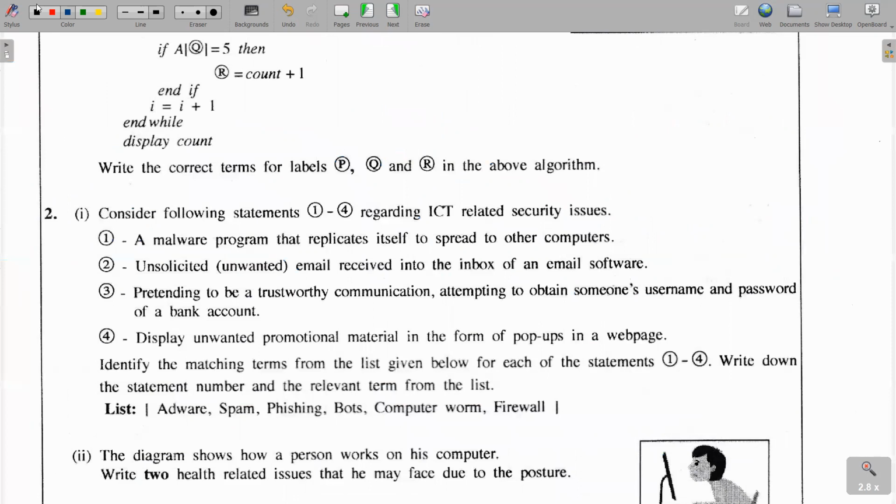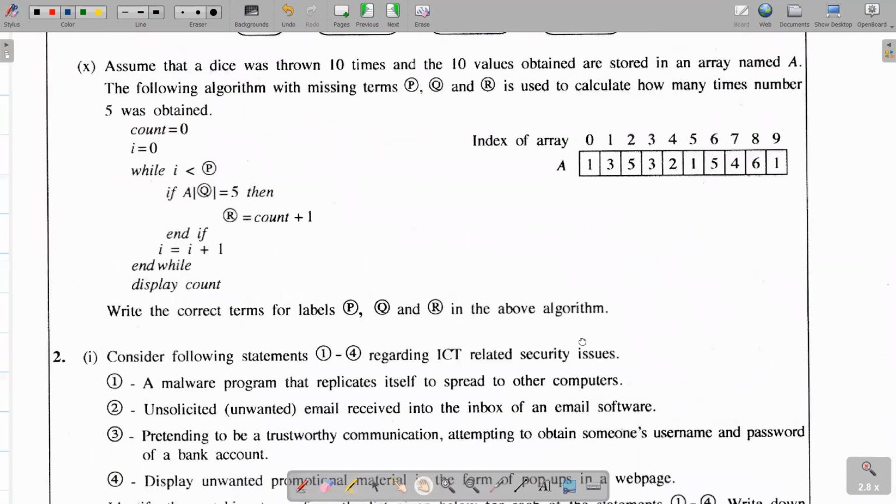Yeah. So it goes like this. Now, really sorry about the problem with the smart board. I don't know why it goes like this.